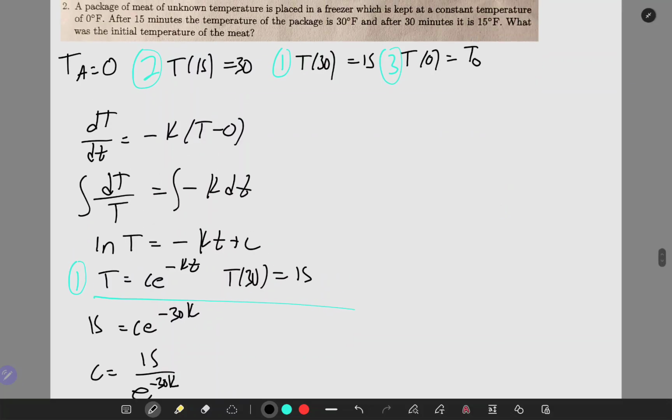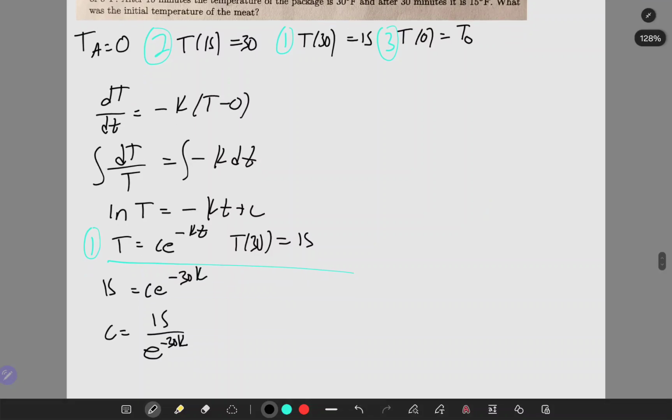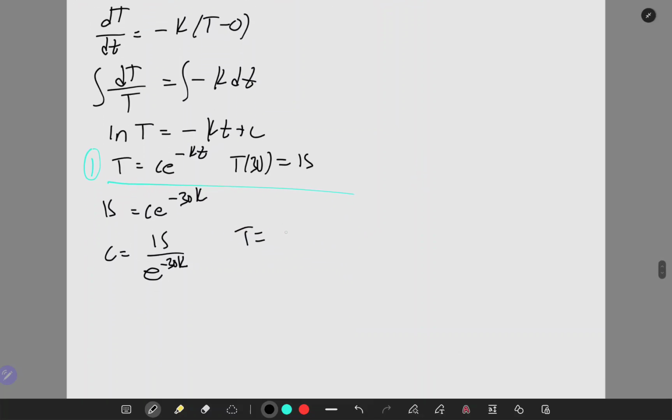Sorry if I confused anyone. So now, we can plug c back in. So we have T is equal to 15 over e to the negative 30k times e to the minus kt, right?